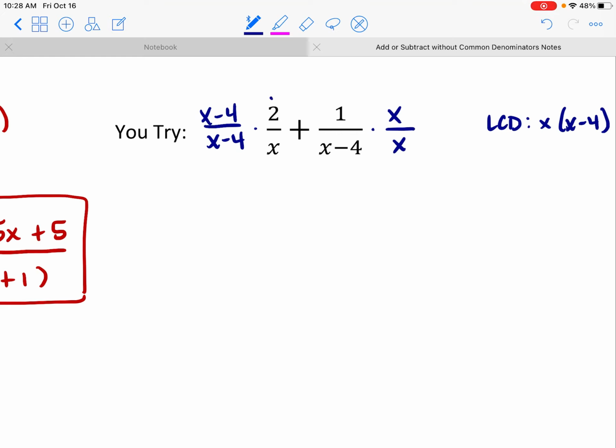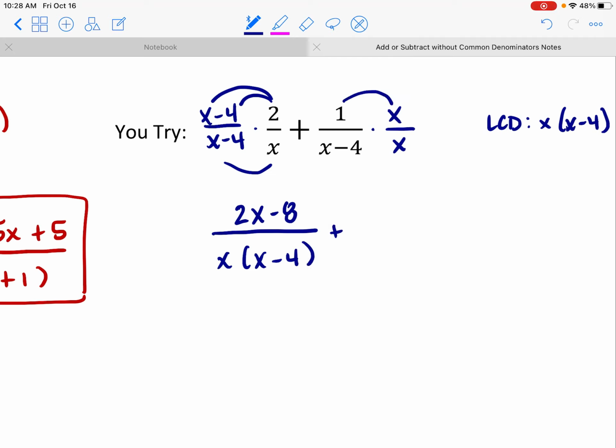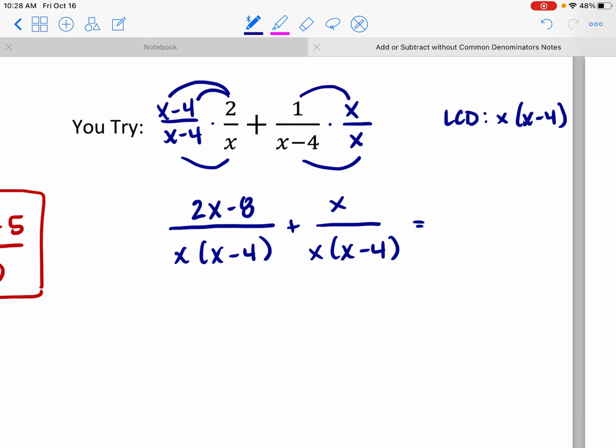That's going to give us a 2x minus 8 over our common denominator, x and x minus 4, plus, it's going to give us a 1 times x, which is x, over our common denominator, x and x minus 4. Okay, now we can put these together.